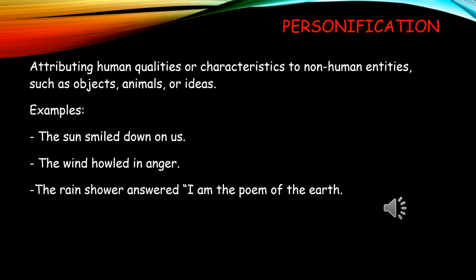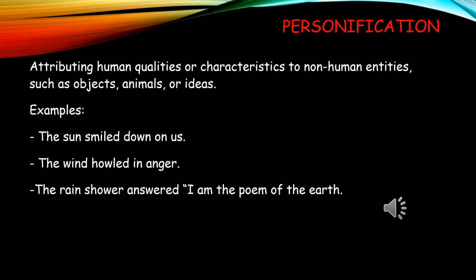When we assign or attribute some human qualities or characteristics to non-human entities, such as objects, animals, or ideas, then it's called personification. For example, the sun smiled down on us like a human being. The wind howled in anger, wild wind raising sound, just like howling.